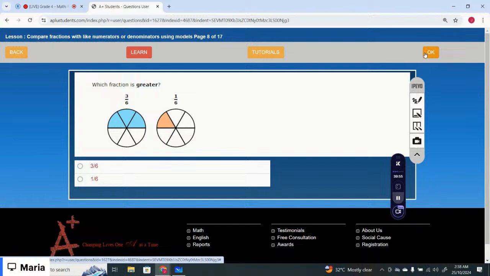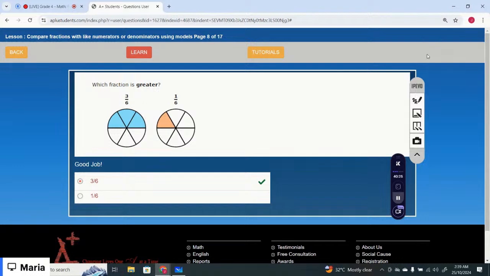Which fraction is greater? 3 by 6 is greater than 1 by 6. The correct option is 3 by 6.